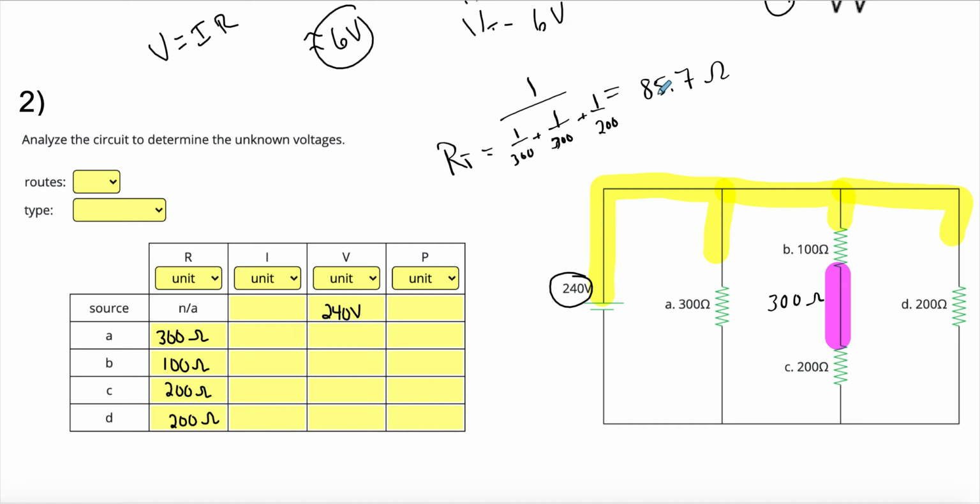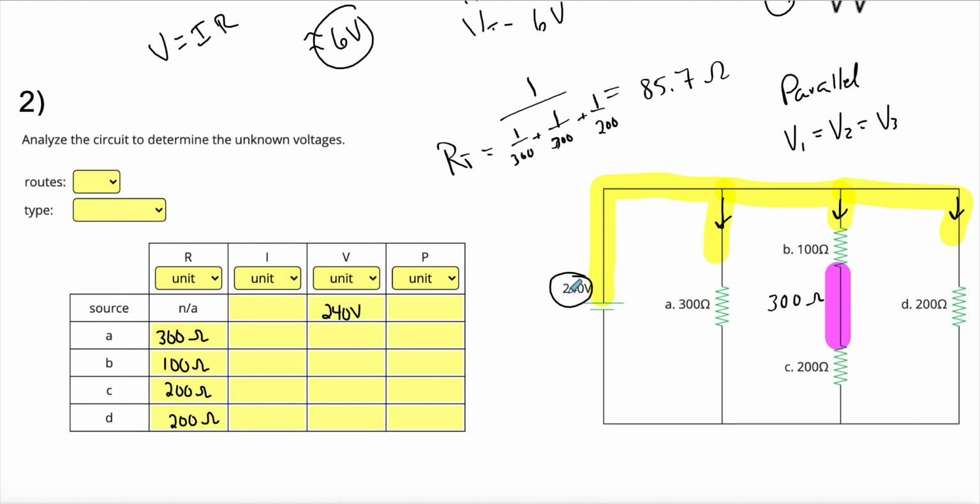All right. Since we have that total resistance, we can start calculating our amperage, because remember, in parallel the voltage is the same. So voltage 1 is equal to voltage 2 is equal to voltage 3. The voltage going through this wire is the same as the voltage going through that wire and that wire.